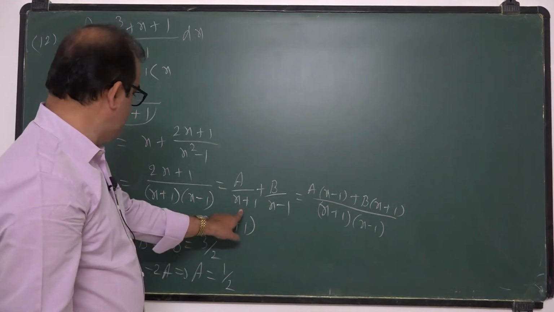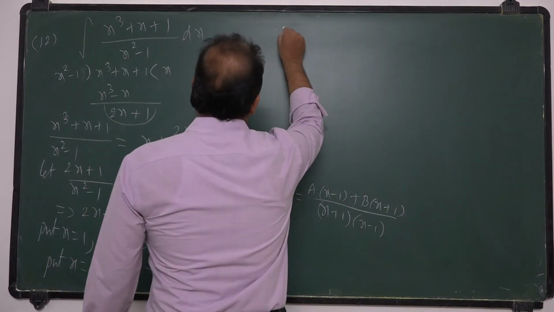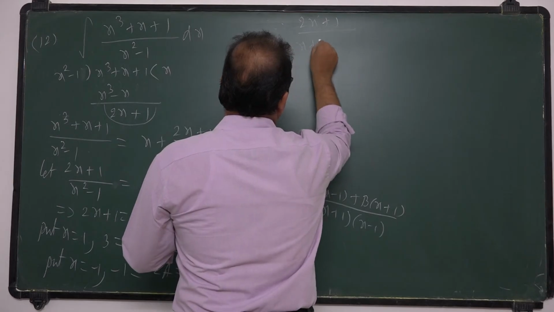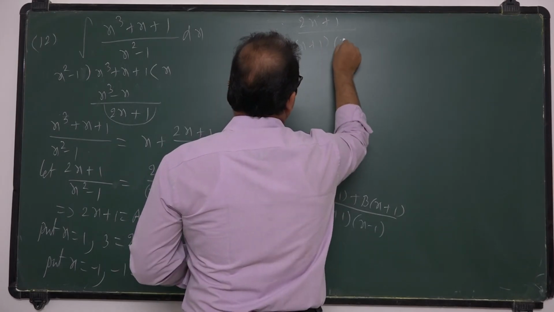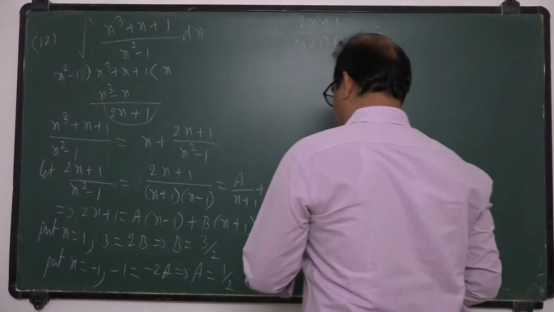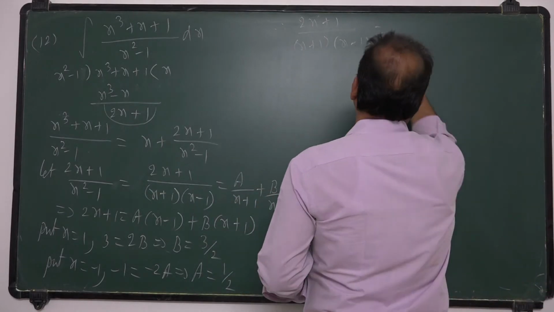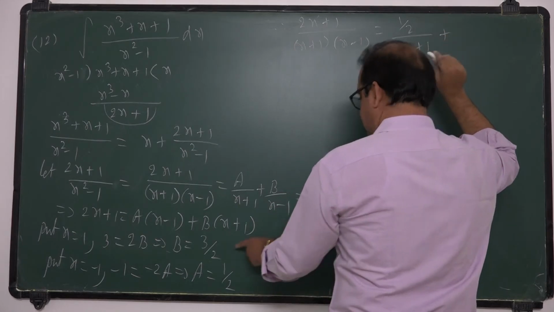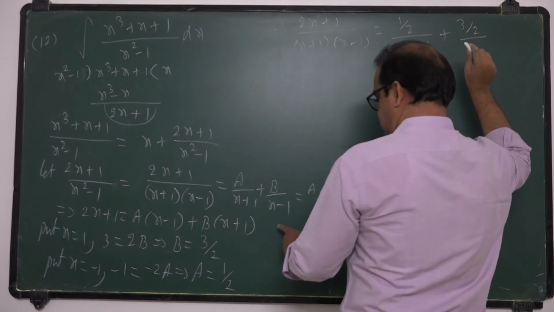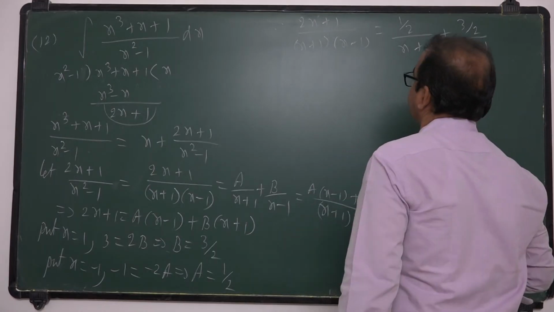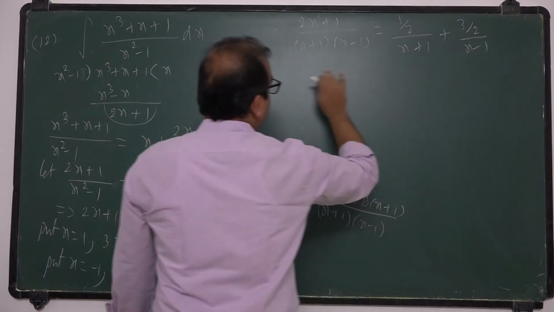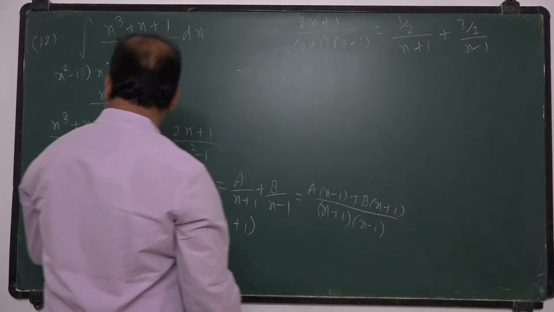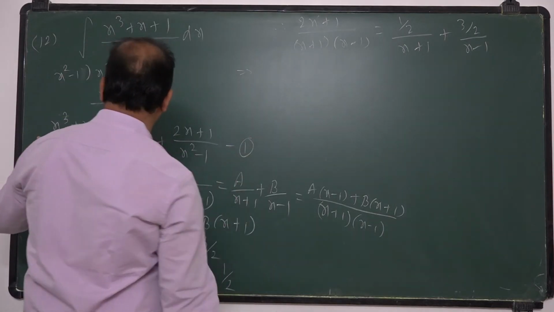Substitute the A value and B value here. Therefore 2x plus 1 by x plus 1 into x minus 1 is equal to A, 1 by 2 by x plus 1, B, 3 by 2 by x minus 1. Let it be equation 1.